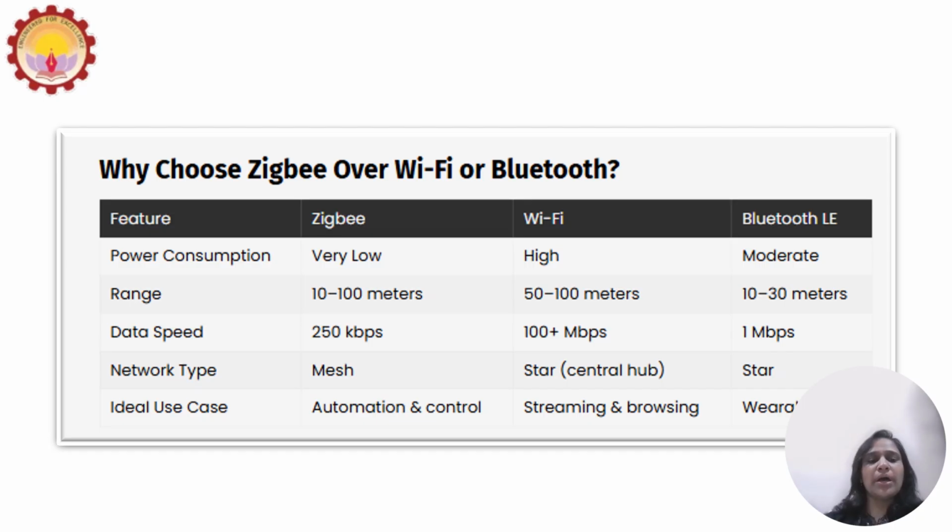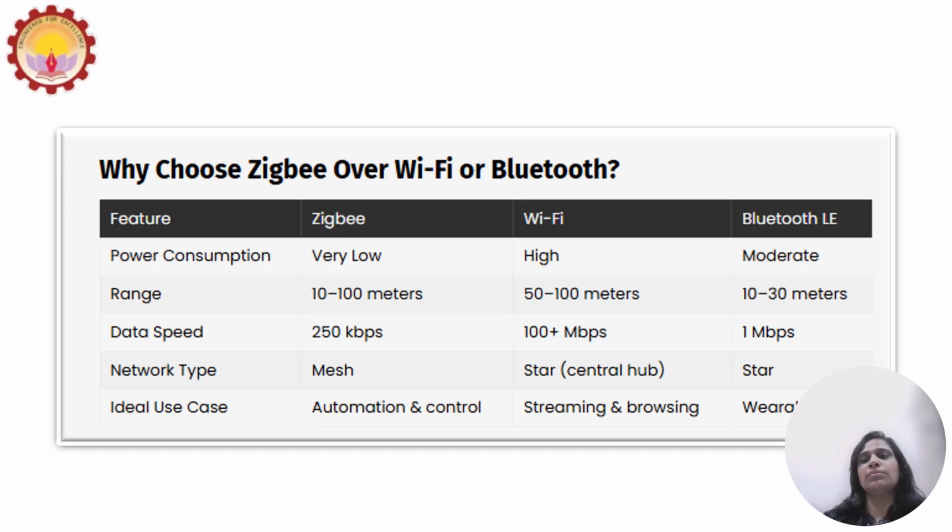And there are some ideal key use cases like automation control for ZigBee, streaming and browsing for Wi-Fi, and wearable applications for Bluetooth. So these are the parameters based on which we can choose which type of communication we can use for the respective purpose.